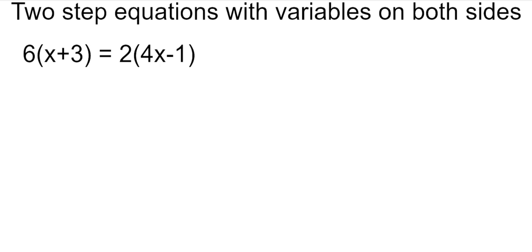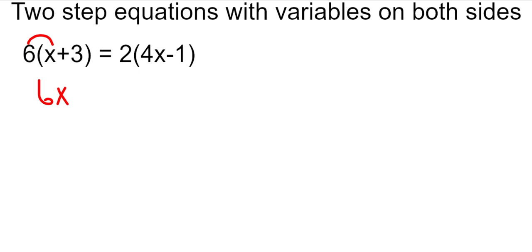So in order to get rid of these parentheses, the easiest way to do this is to multiply everything inside these parentheses. So if I utilize the distributive property, I can take 6 and multiply it times x. I don't know what x is, but I know that whenever I multiply 6 times x, I will be left with 6x's.